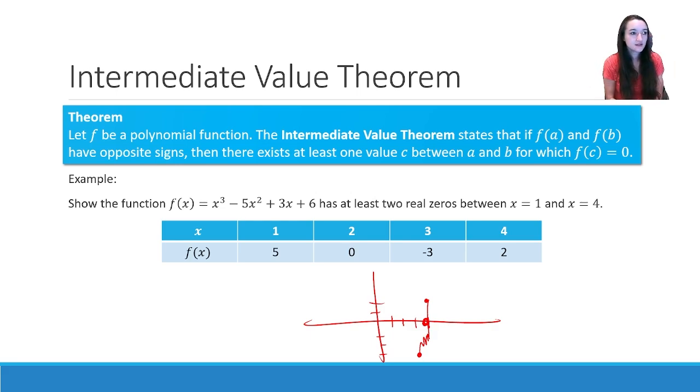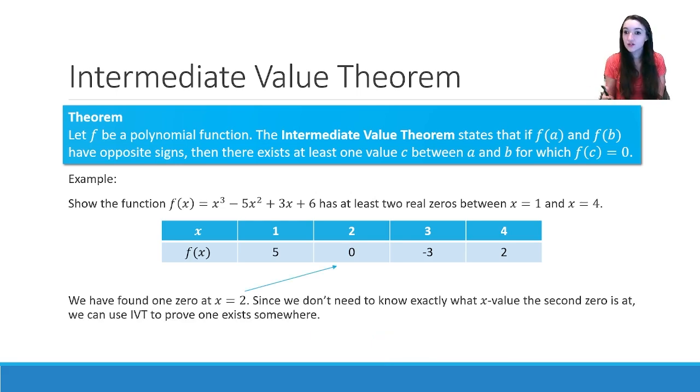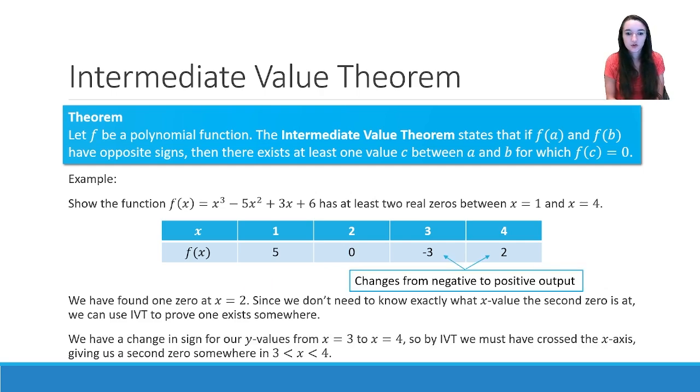So we can state that we found one 0 specifically at x equals 2, but since we don't need to know exactly what x value the second 0 is at, we can use IVT to prove one exists somewhere. Because we have that change in sign for our y values from x equals 3 to x equals 4, by IVT, we must have crossed the x-axis, giving us a second 0 somewhere between 3 and 4. We don't know exactly where it is, but that's okay.